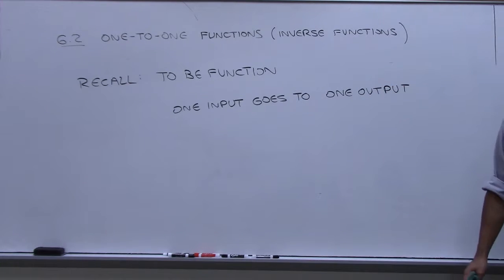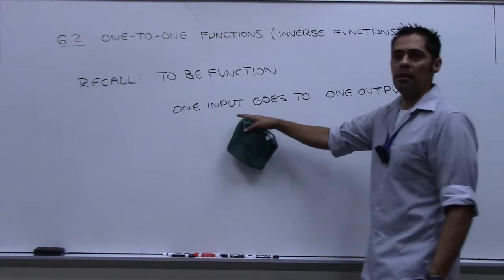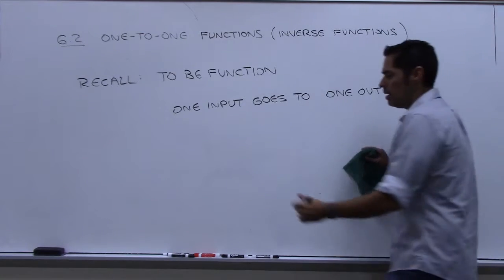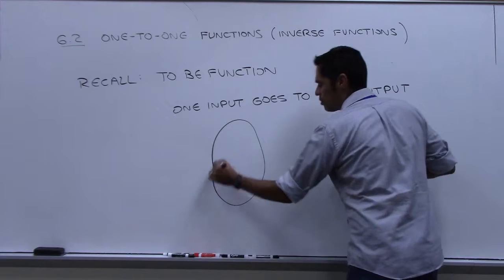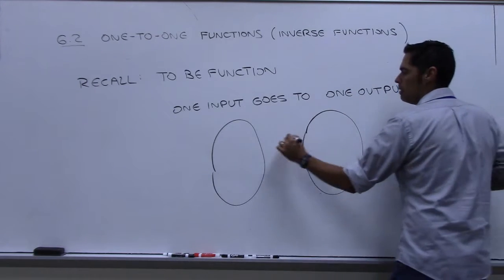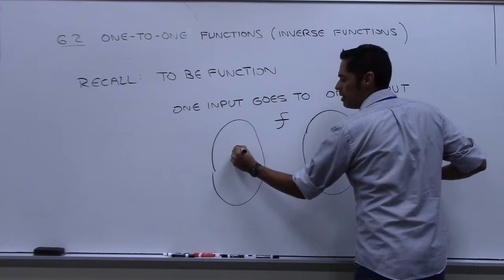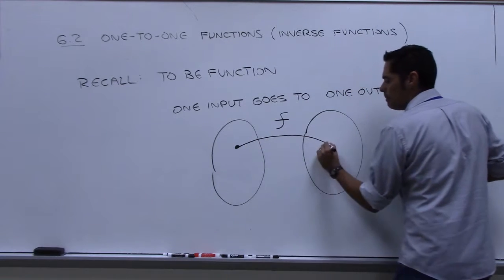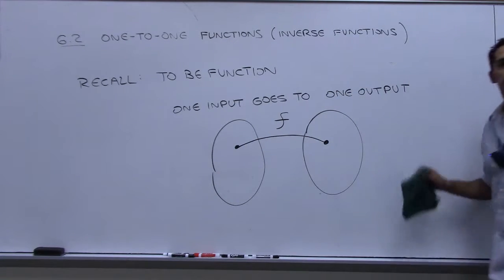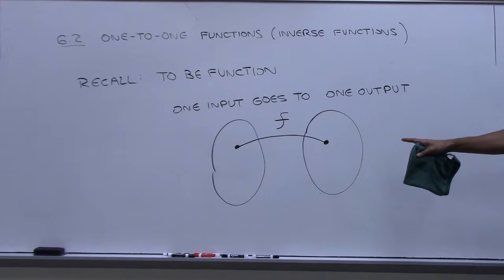That's what it means for something to be a function. You have to be able to take one thing when you plug it in, get one thing out. And if we look at that in terms of a picture, if we're going to call something a function f, then if I have an input here, which is a number, it's got to go to one place. So that would be a function, yes?